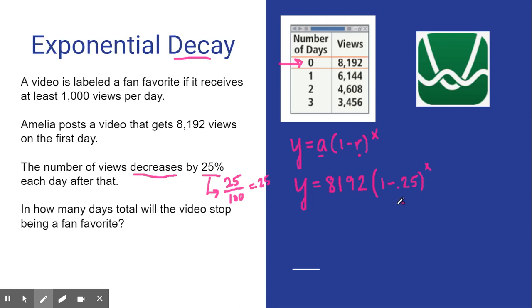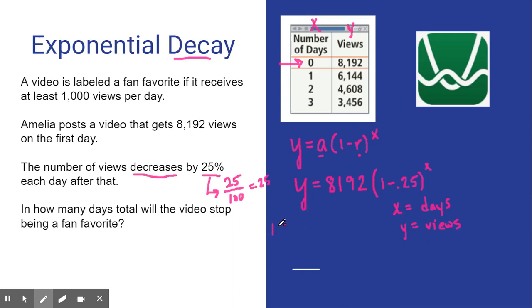In this equation, our x represents the number of days, and our y represents the views. So this question is looking for when our views get down to 1,000.